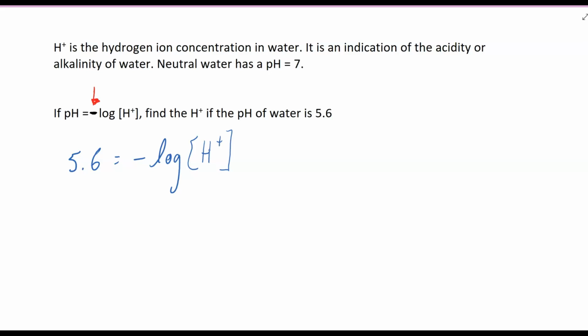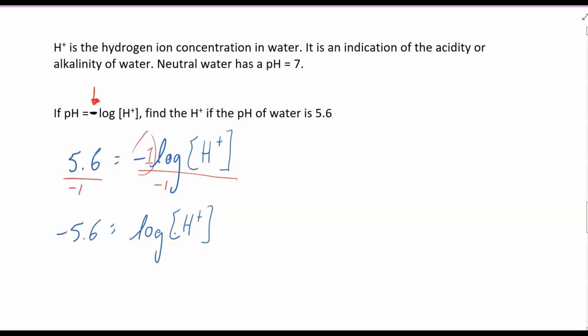Before we can do that, we must have coefficient 1. Right now we have a coefficient of -1. So I must divide both sides by -1. And we will see that -5.6 equals log of the hydrogen ion concentration.